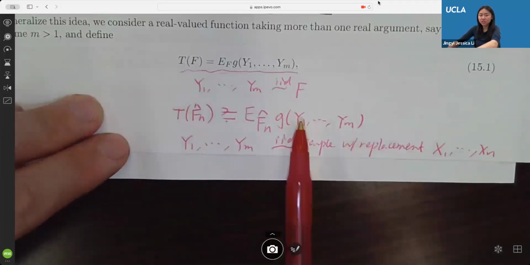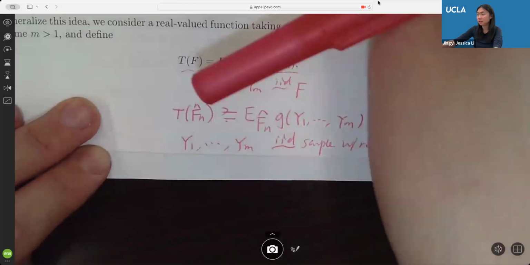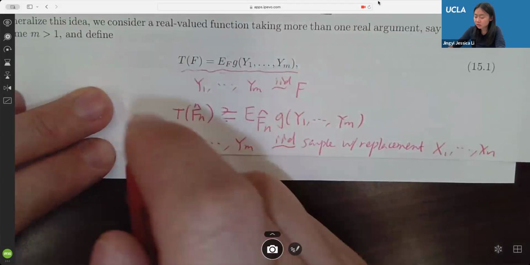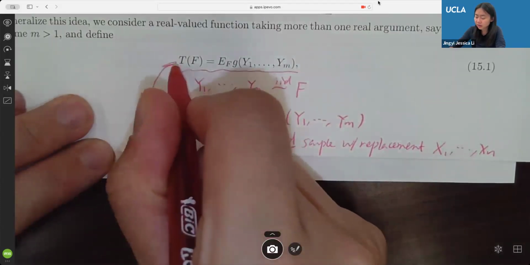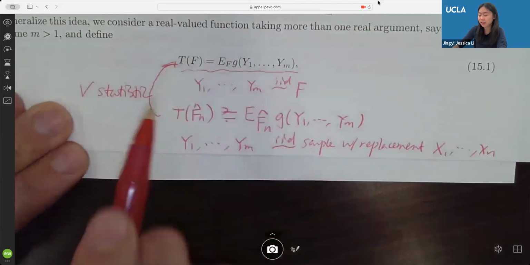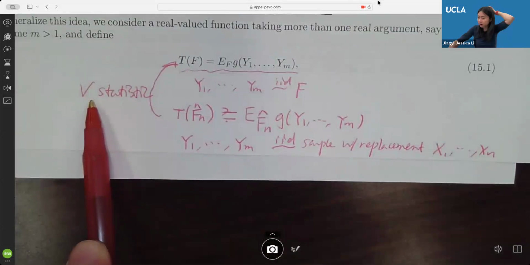Okay, so what I just said is the definition of the so-called V statistic. This is a V statistic as an estimator of T(F). And V is from a person's last name, von Mises.